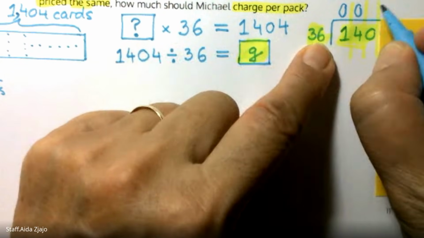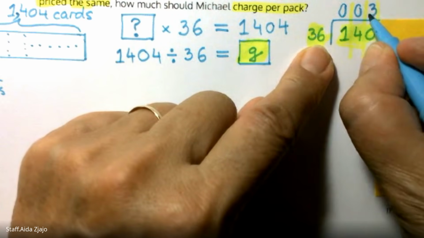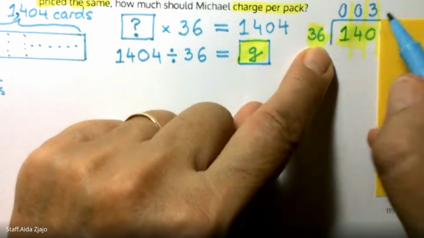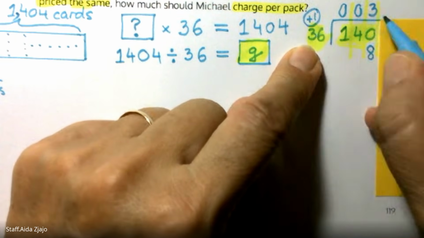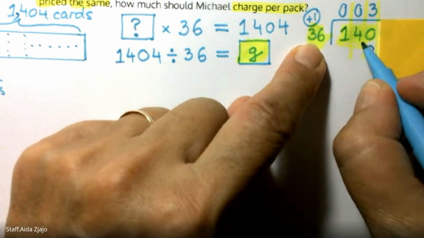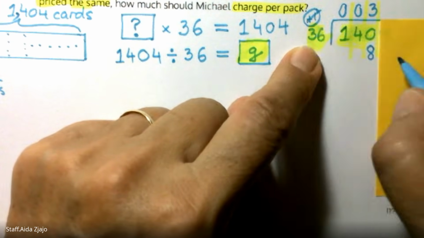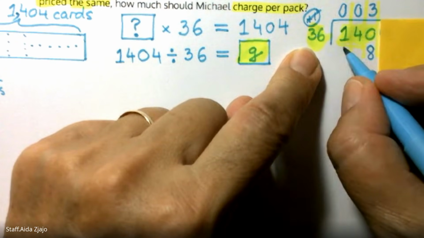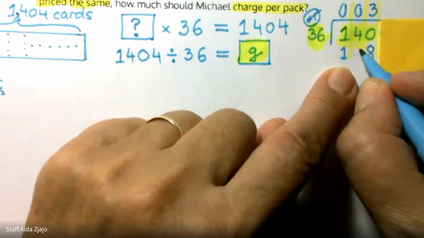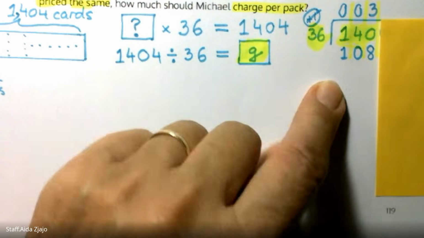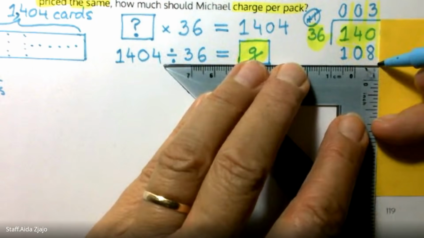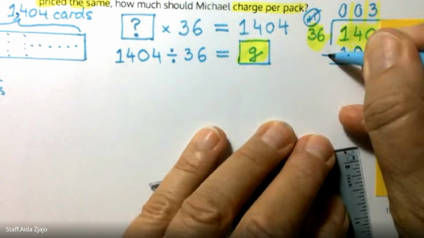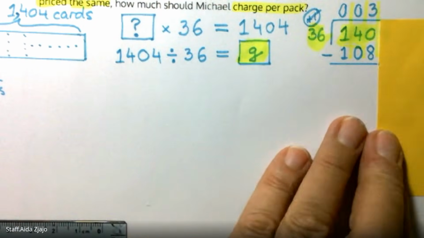So I'm going to do 3, because 3 times 6 is 18, I remember 1. 3 times 3 is 9 plus 1 is 10. So that would be 108. And when we subtract, we'll see if we are right.